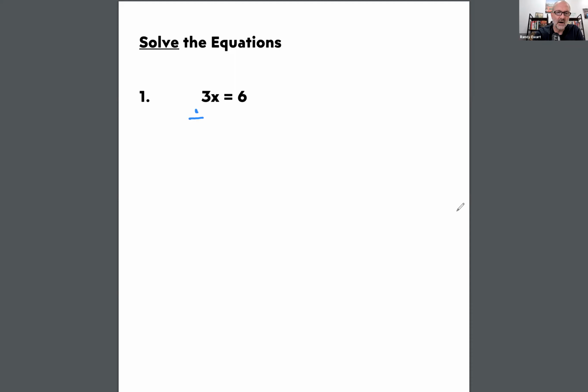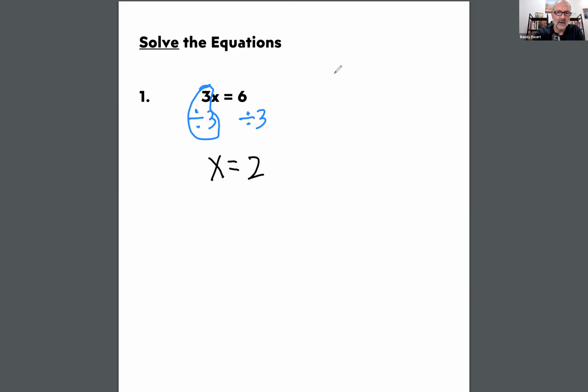I am going to divide both sides by 3. Do the same thing to both sides of the equation. Keep it balanced. And now 3 divided by 3 is 1. 1 times x is x. And then 6 divided by 3 is 2. Done. There is my solution.